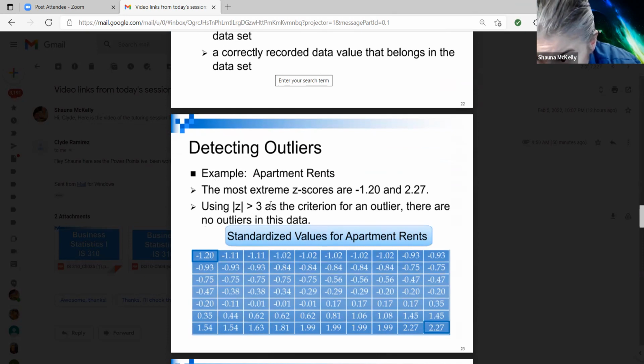If you look at Blumen, it will tell you that outliers are a Z-score that's greater than about 2.5, 2 to 2.5, depending on what situation you're doing. This book, she has 3 on her slide, so just be aware of that.